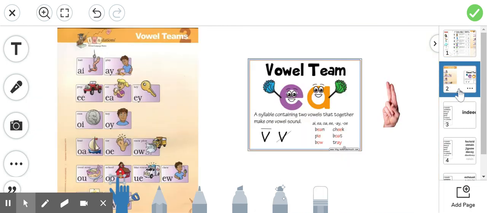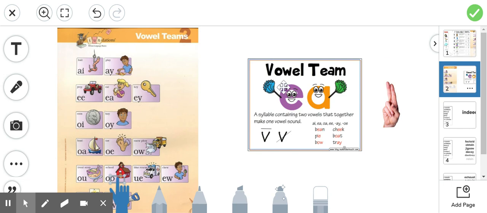So this week we have been going back over the vowel team syllable. And remember, this is the hand signal that we use to remind us of the vowel team syllable. 2 fingers together touching each other. That is because the vowel team syllable has 2 letters, they're usually 2 vowels, that are side by side and they're making one vowel sound.